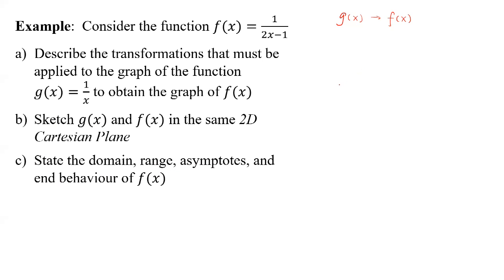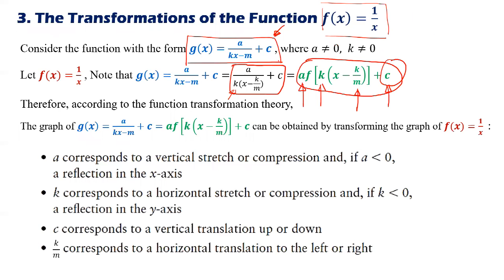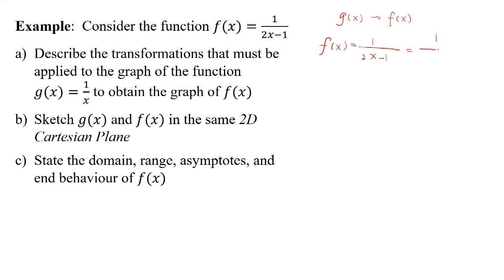Okay, so in order to transform g(x) to f(x), we need to decide what the four parameters are, right? Note that f(x) equals 1 over 2x minus 1. We can rewrite this function following the concept here. We can put 2 in front and then x minus 1 over 2, right?